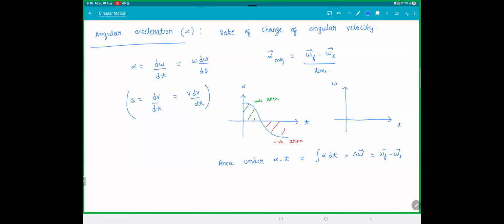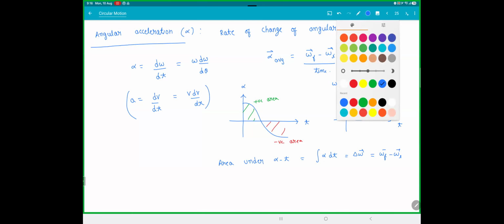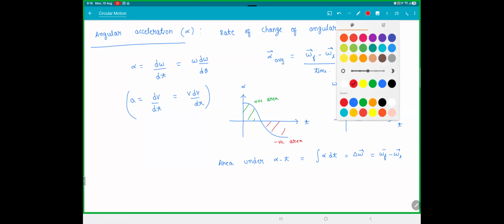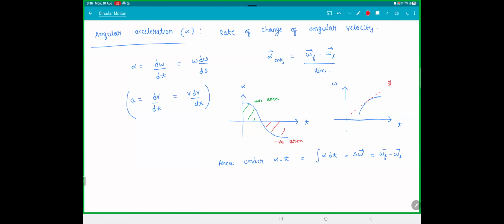If you have an omega-time graph, then the slope will give you angular acceleration. There you can see all this stuff is exactly the same as what we did.